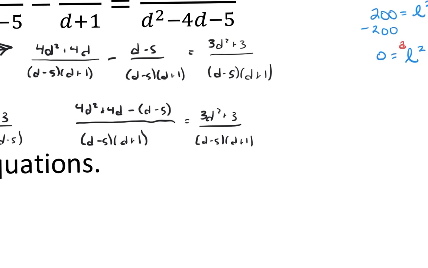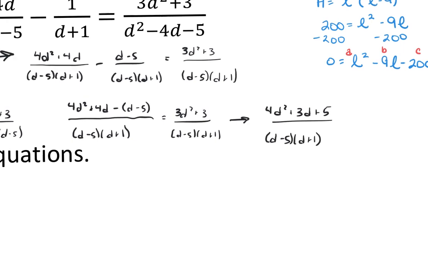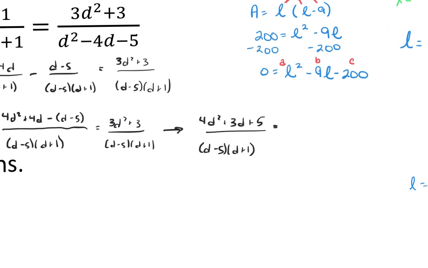And so now this here is going to turn into (4d squared plus 3d plus 5) over (d minus 5)(d plus 1) equals (3d squared plus 3) over (d minus 5)(d plus 1).